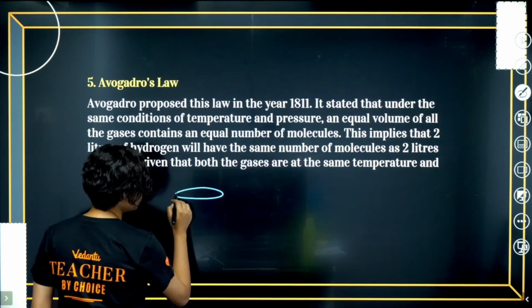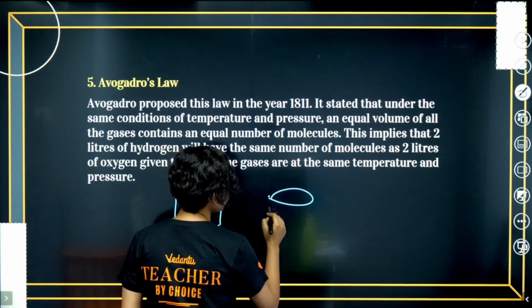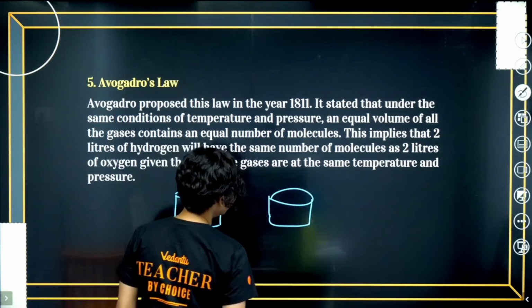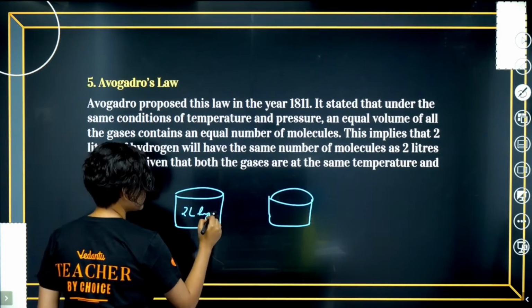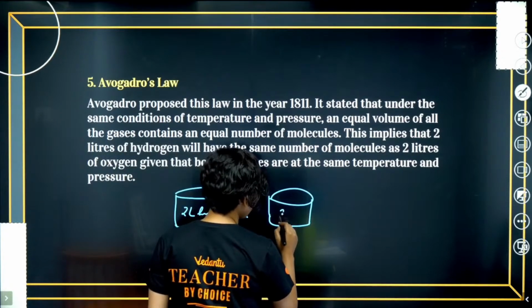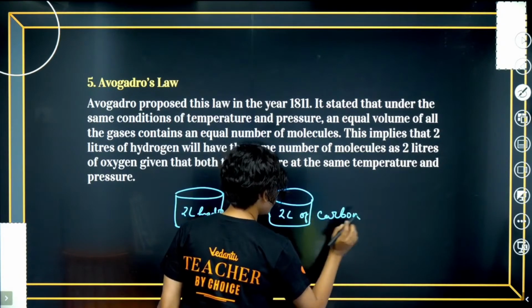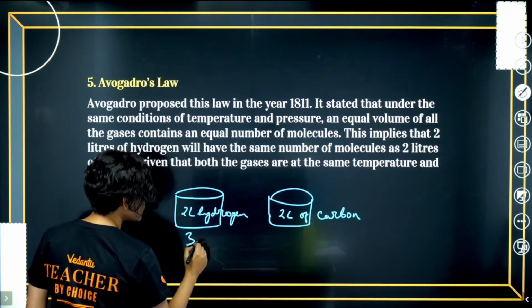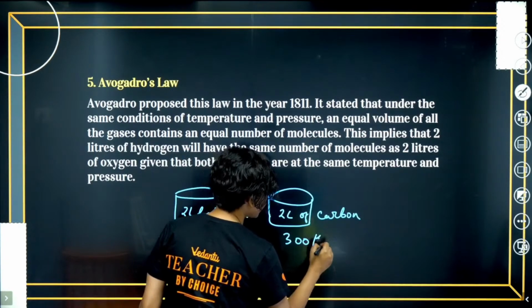Let's say that here is a container and here is another container. Let's say that here I have 2 liters of hydrogen and here I have 2 liters of carbon. Here the temperature is 300 Kelvin and here also the temperature is 300 Kelvin.